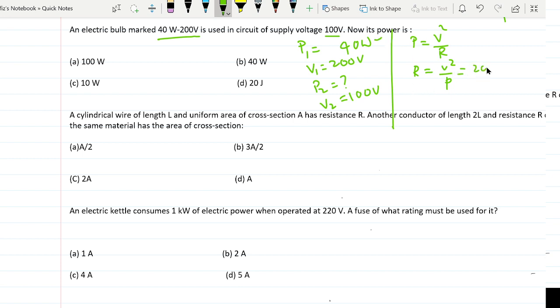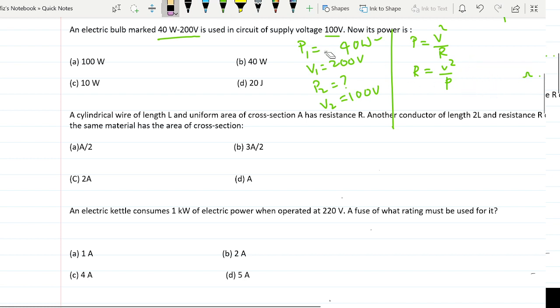Sorry, square we have not taken, we'll have to take the square here.